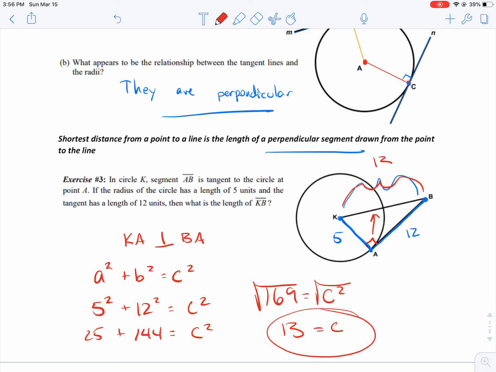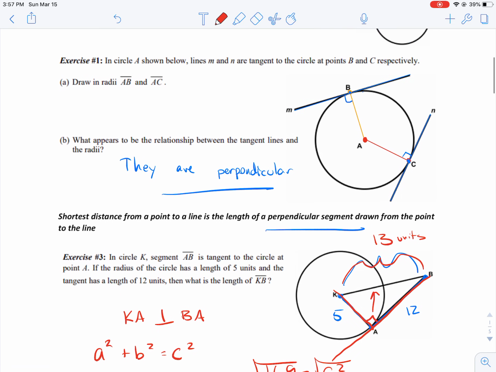So this side right here is 13 units, and we found that just by using the Pythagorean theorem. But basically what you want to take from this piece is that these radii form a 90-degree angle with all tangent lines. That's what you need to take from that.